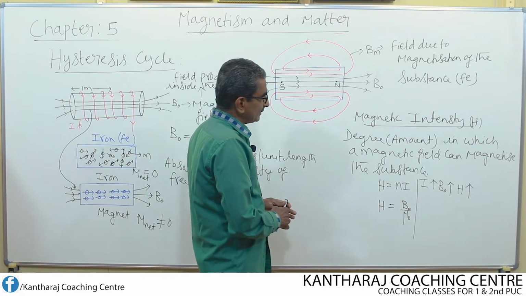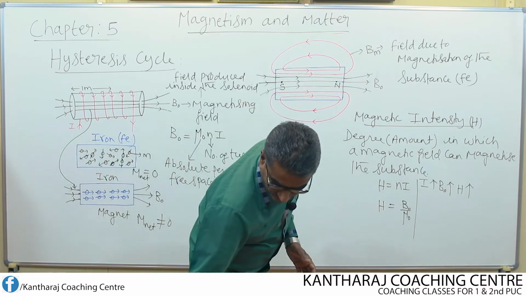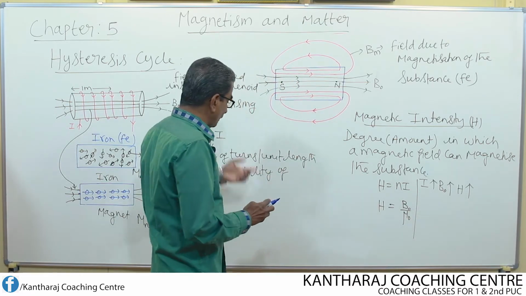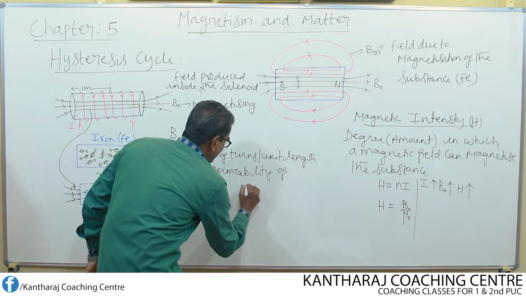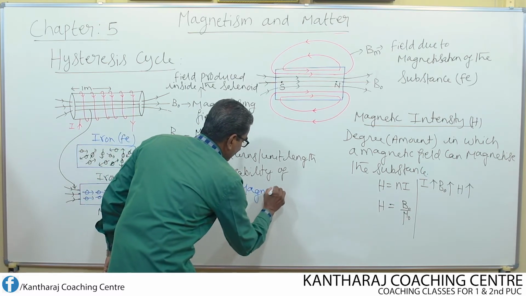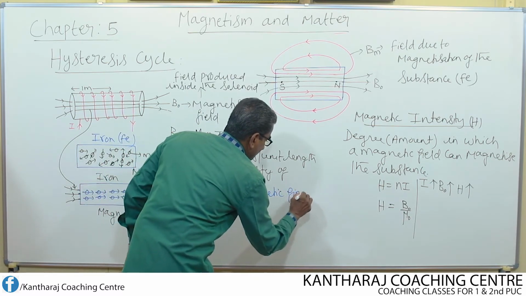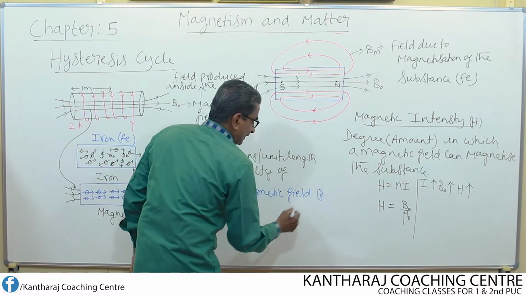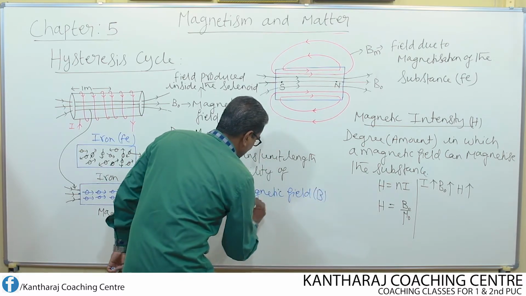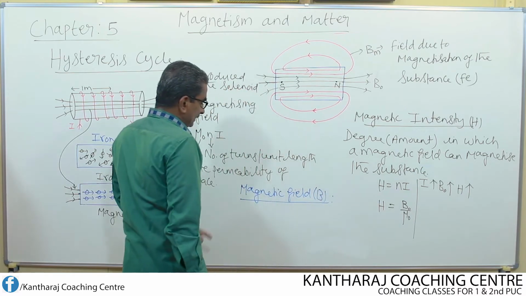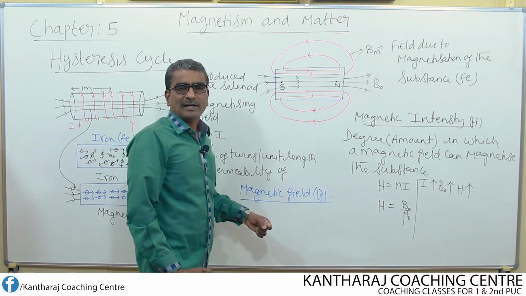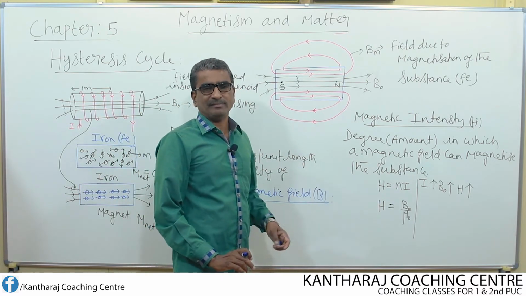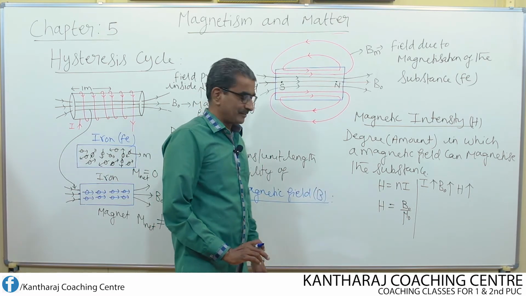Now let us know one more term. What is meant by magnetic field? It is represented by the letter B. It is also known as magnetic induction, magnetic field or magnetic induction.